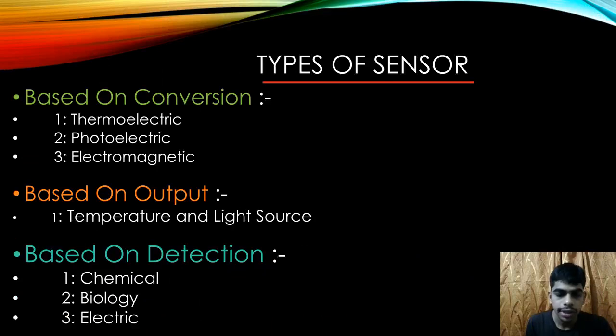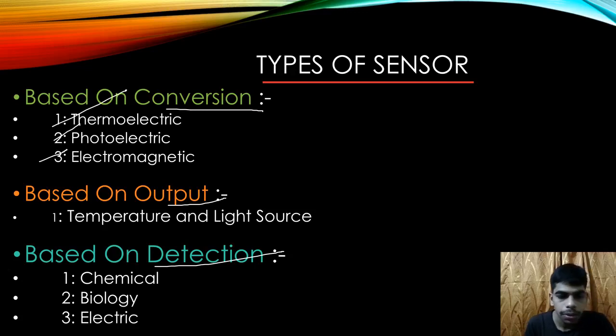So, types of sensors. We discussed some examples and what a sensor is. Now let's discuss some of the types of sensors. Mainly, the types of sensors are based on conversion, based on output, and also based on detection. Based on conversion, you can see here thermoelectric, photoelectric, and electromagnetic.